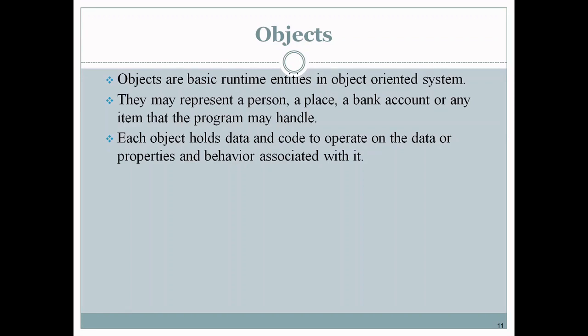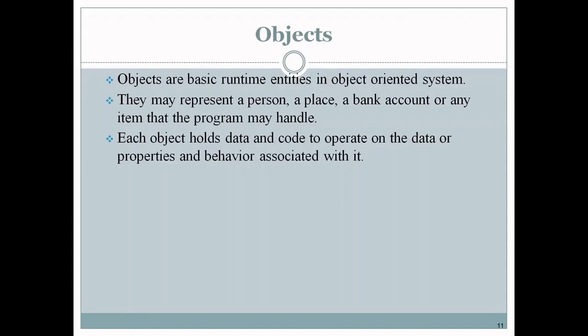The bird may have properties like name, then the size or color of the bird. This might be the properties of a bird. And what is the behavior of a bird? You may say eat, fly. This might be the behavior of a bird.